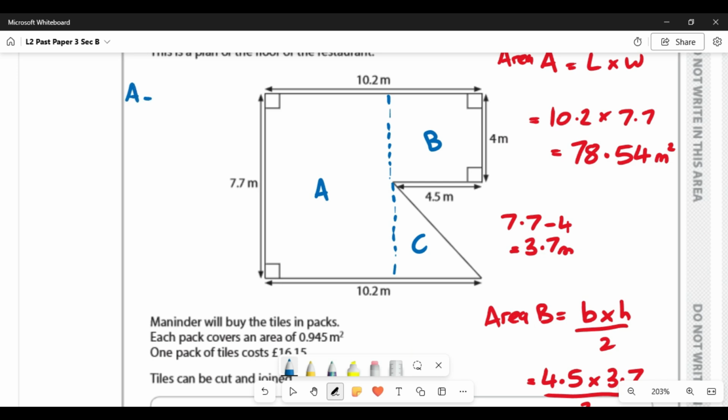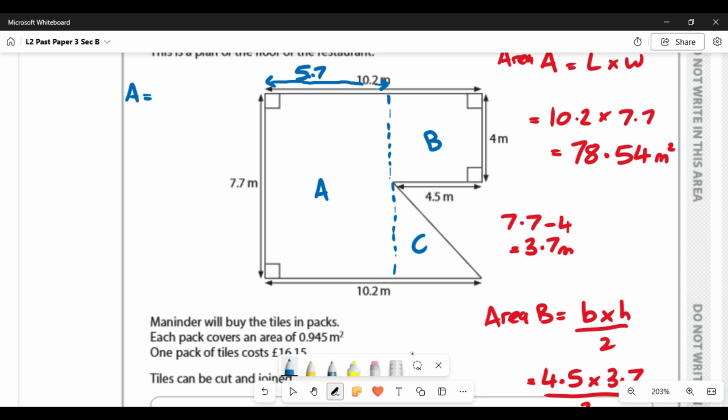So A, you're going to have to work it out. This length here, from there to there, what is that? 10.2 take away 4.5 gives me 5.7 here.